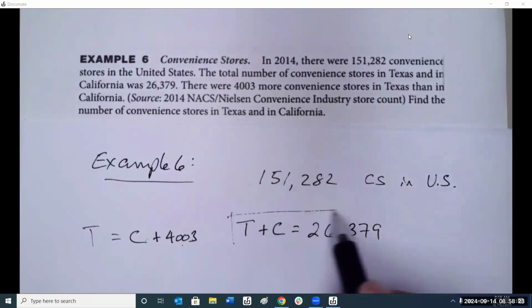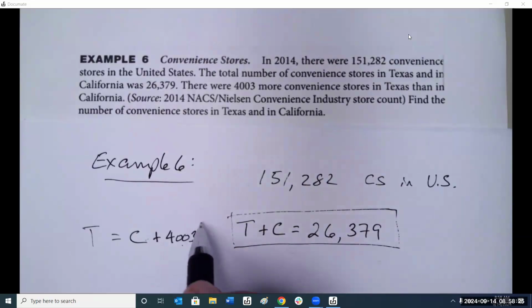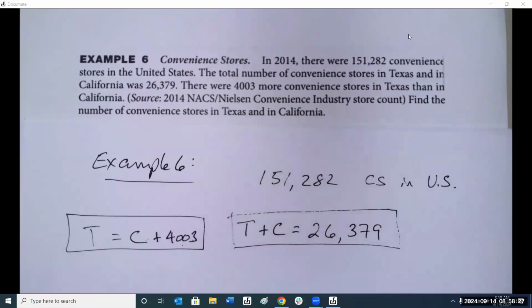So here's the equation that I have to use, and here's the relation. Because if you add 4,003 to Texas, then you still have more in Texas than California.